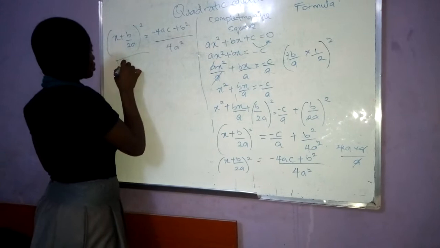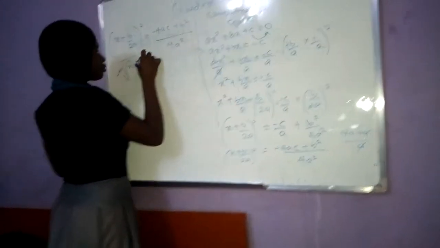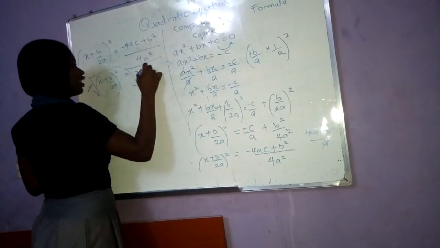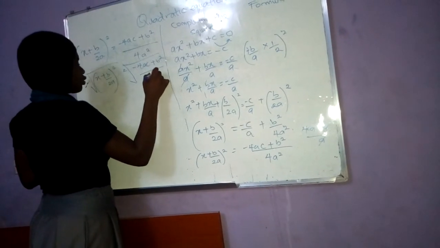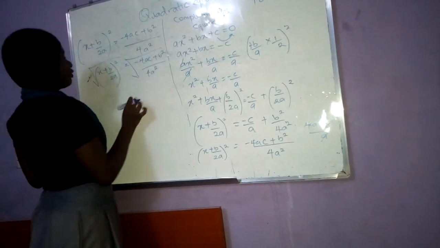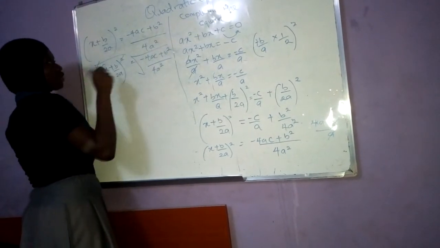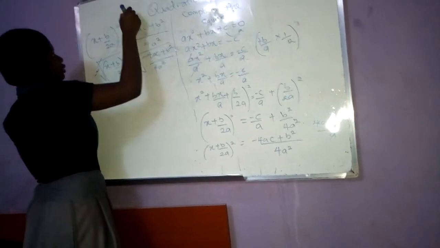So x plus b over 2a equals the square root of minus 4ac plus b squared over 4a squared. I've done the square root. So the 2 will cancel the square root. Square root is like 2 times 1 over 2. So this one too.